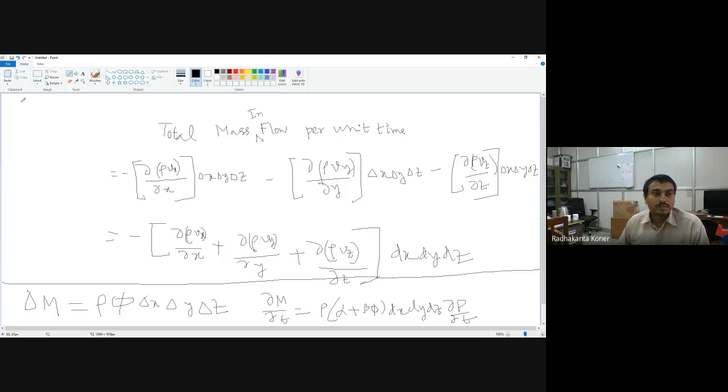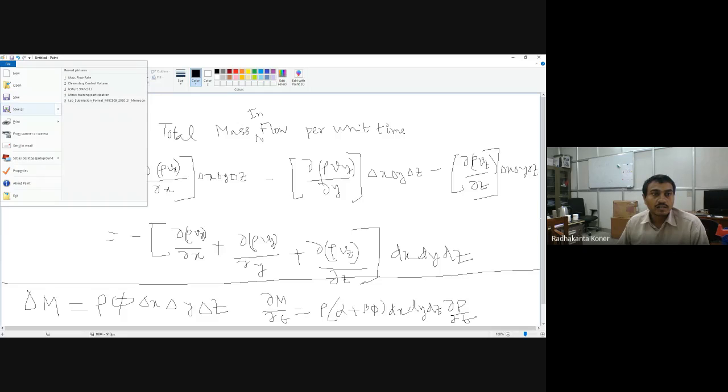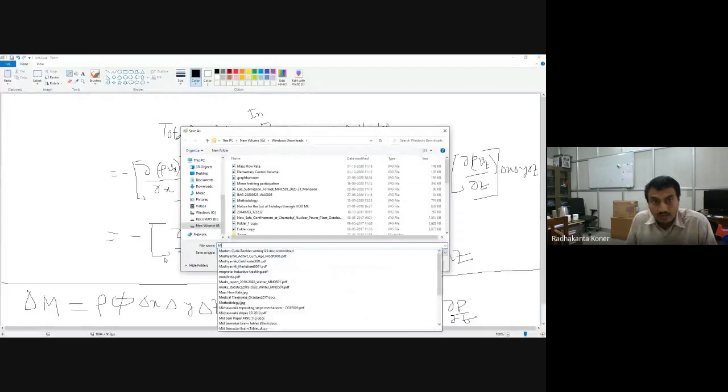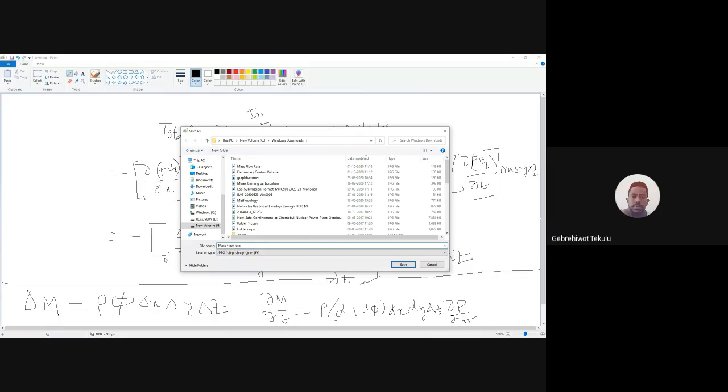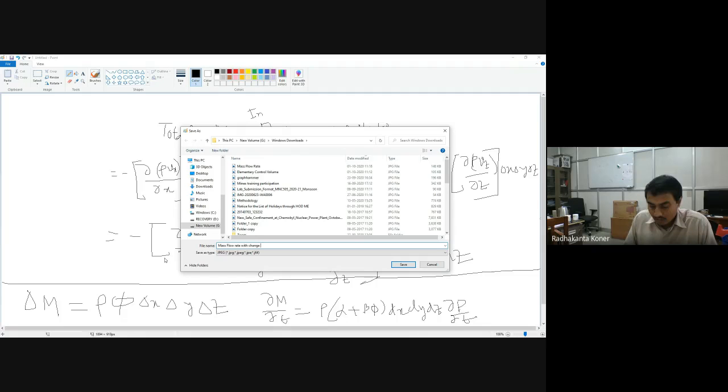It will come the same as the mass with change of pressure.